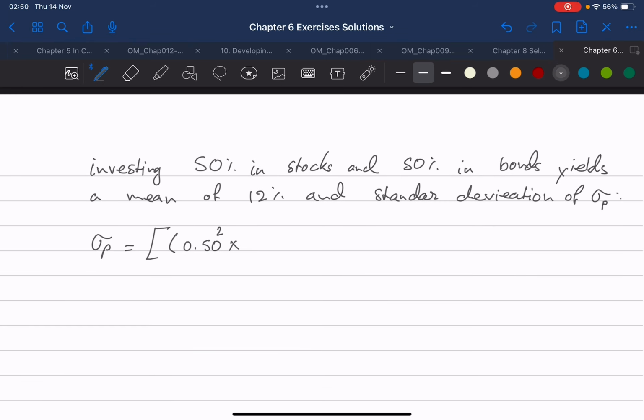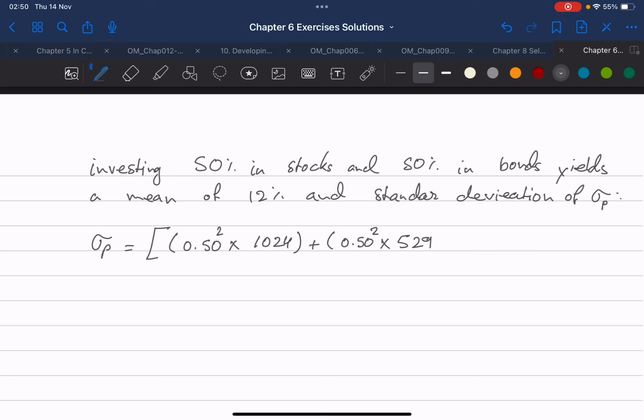Or you could just say 32% squared, which was the standard deviation of the stock fund, but just for time saving purposes, plus 0.50 squared multiplied by the standard deviation of the bond fund squared, which was 529, if you guys remember, again from the covariance matrix, or 23% squared.